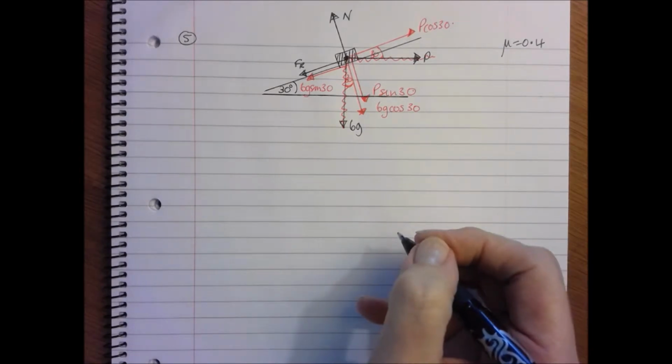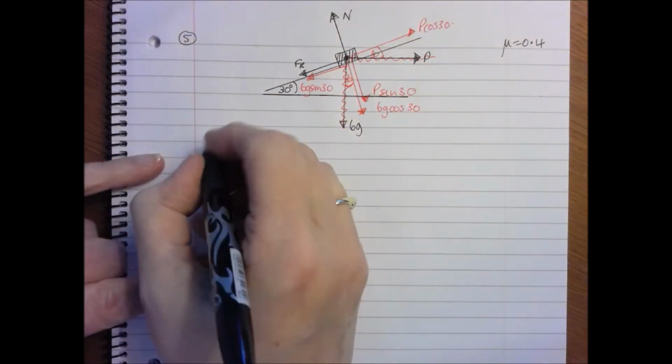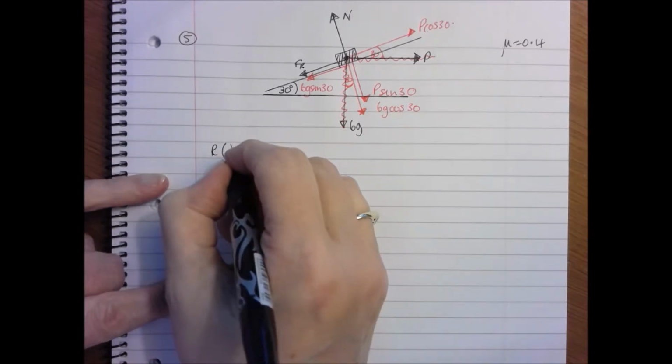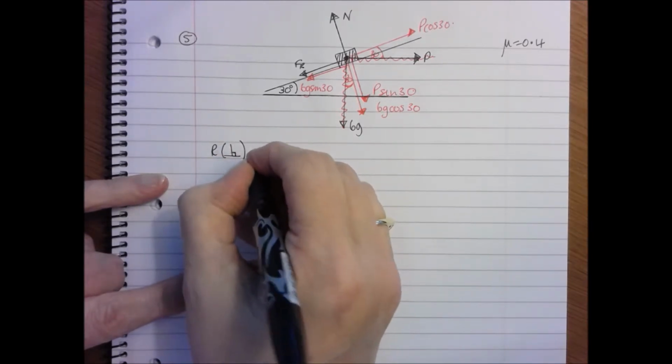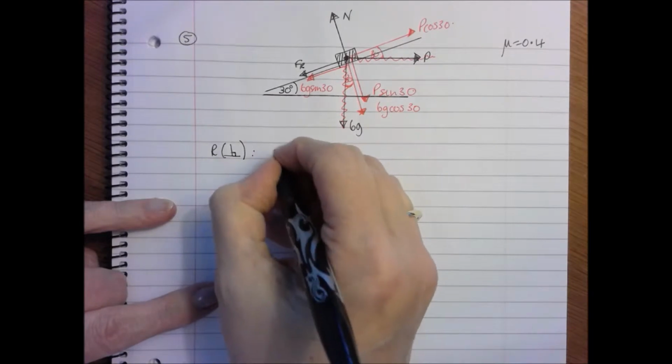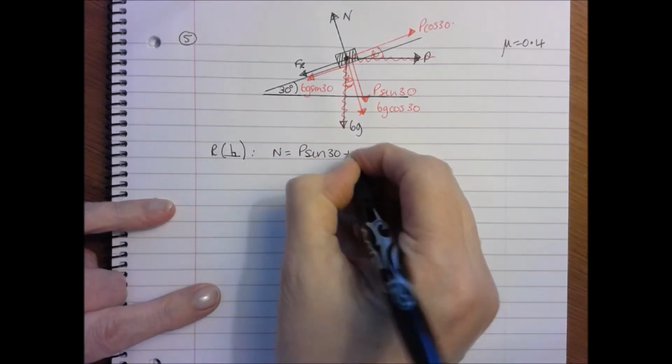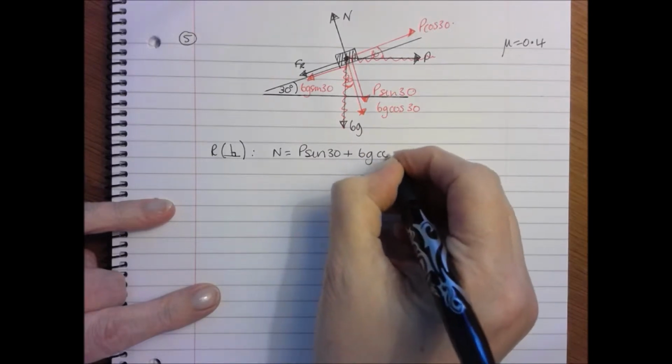So the first one says to find the normal reaction exerted on the box by the plane. So in order to do this, what I need to do is resolve my forces perpendicular to the plane. So if I resolve my forces perpendicular to the plane, N going up is P sine 30 plus 6g cos 30.